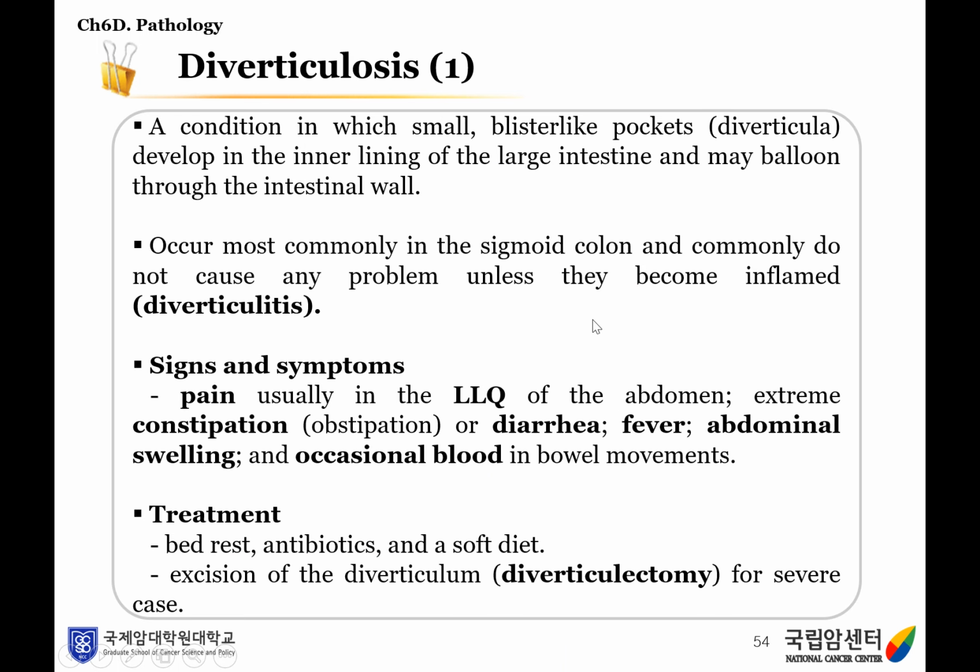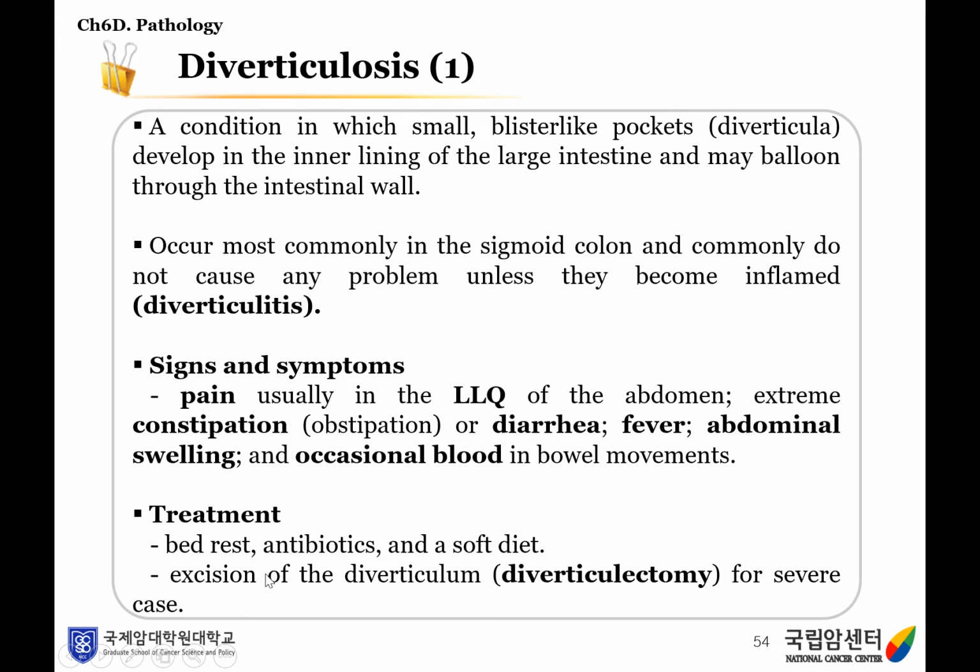And diverticulosis, this is a condition in which there are small blister-like pockets in the inner lining of the large intestine. And there are several signs and symptoms. Pain, usually in the LLQ of the abdomen. LLQ means left lower quadrant. Or extreme constipation or diarrhea, fever, abdominal swelling, and occasional blood.